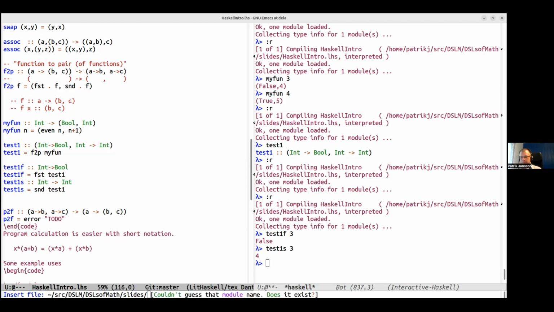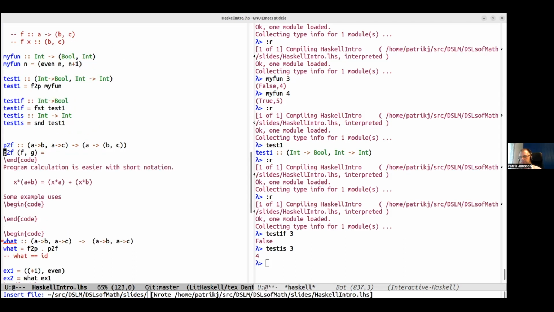Okay, I have a few minutes left, so let's do also the opposite function. If we have a pair of functions from the same set A, we can create one function which computes both at once. So in this case, we got a pair. Actually, we can pattern match and say this is f and g.